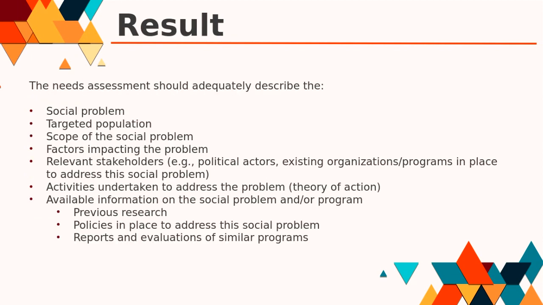So the result of doing a needs assessment is to gather as much information about the nature and scope of a social problem, as well as information about the targeted population.